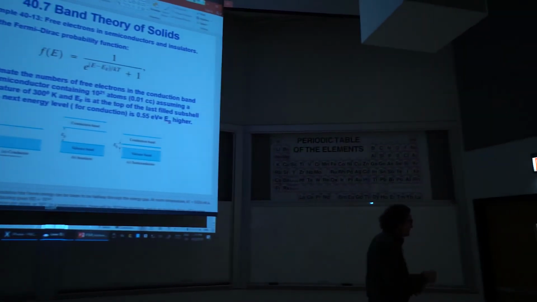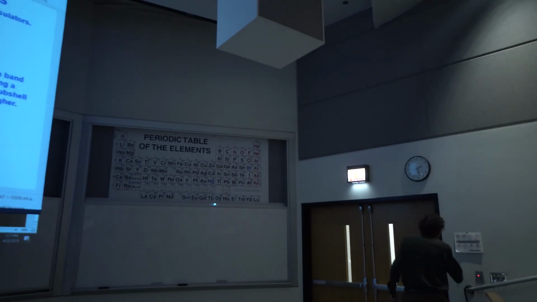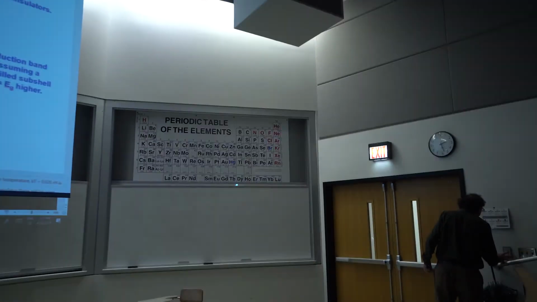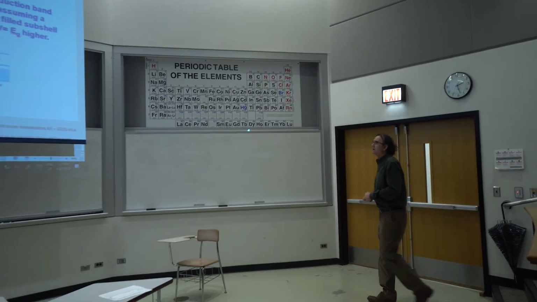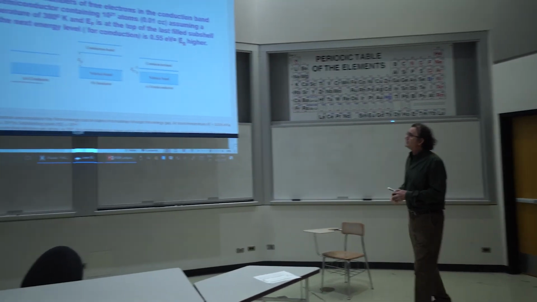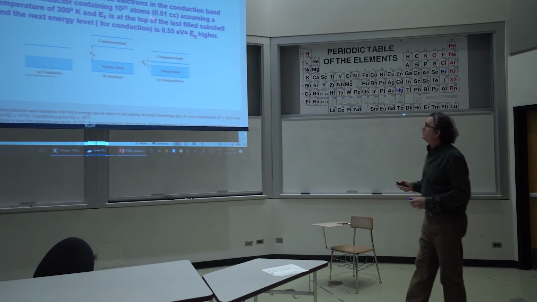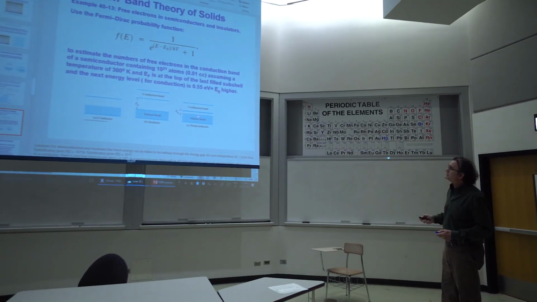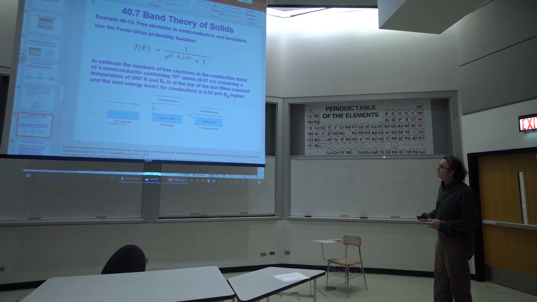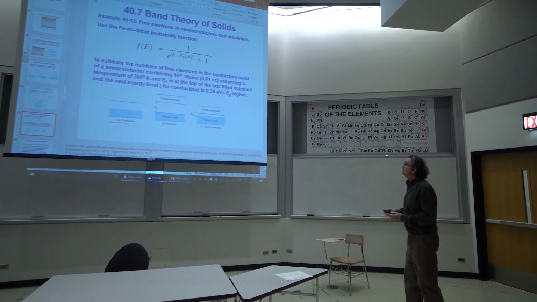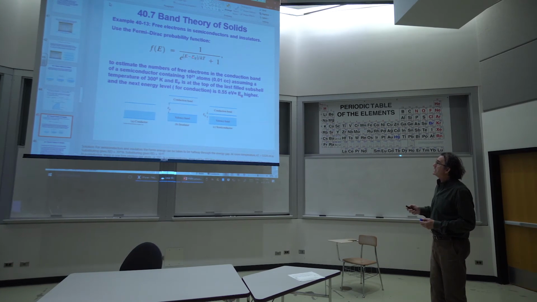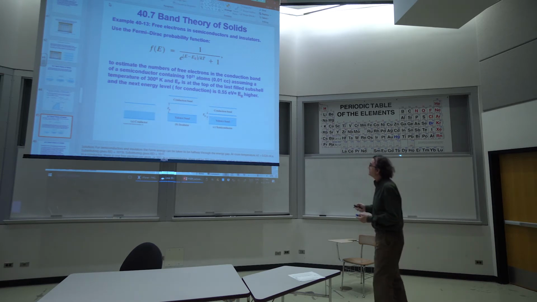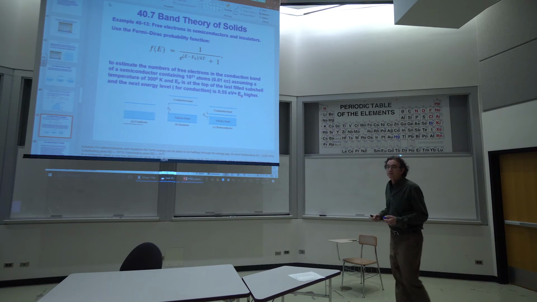We look at a particular model, in which the energy gap is about half an electron volt. The valence band is filled, so the energy I need to get into the conduction band is 0.55 eV higher than the Fermi energy. So the Fermi energy covers everything up to the top of the valence band. Okay?